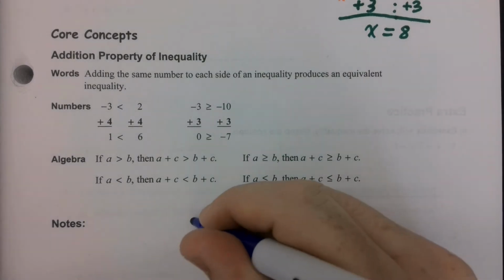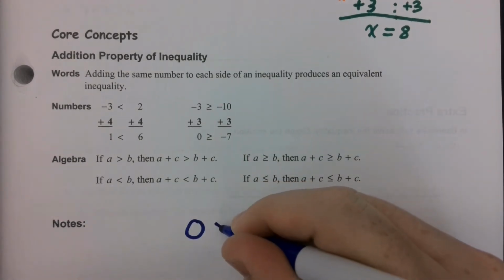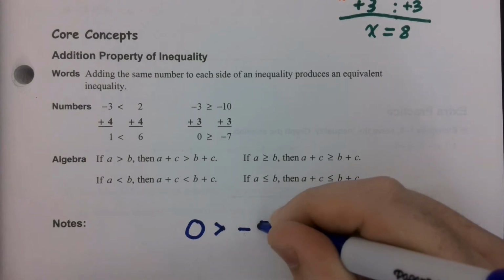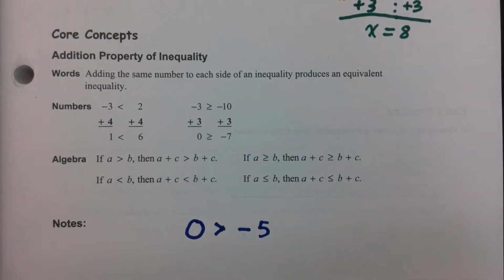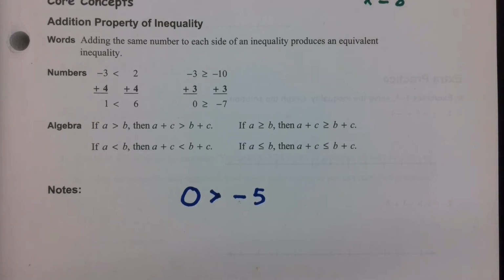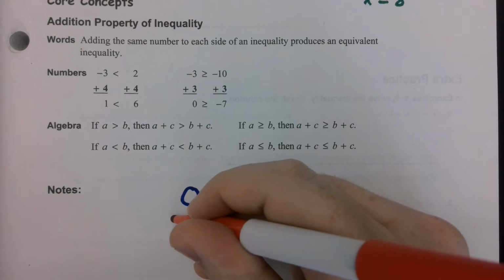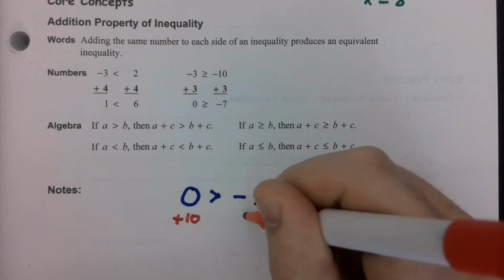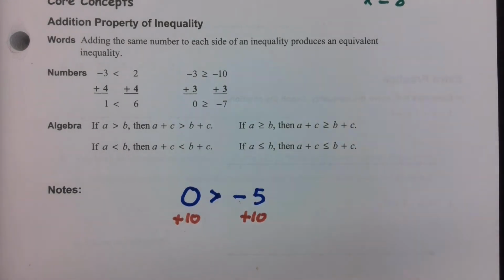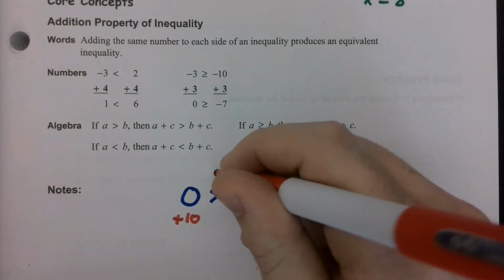If I had 0 is greater than -5, yes, that is a true inequality. If I wanted to produce an equivalent inequality, let's say I added 10 to both sides, just because I wanted to.